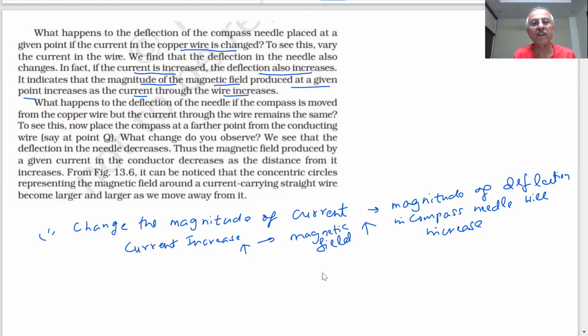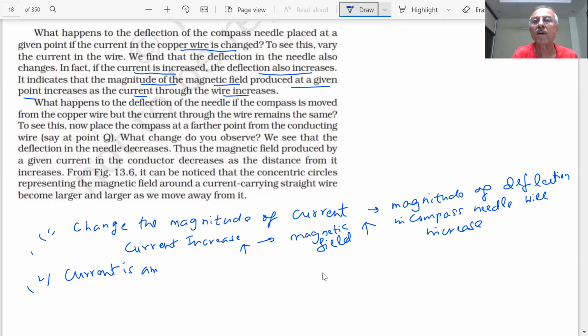What happens to the deflection if the compass is moved away from the copper wire? The current is the same, but the compass needle is moved away.